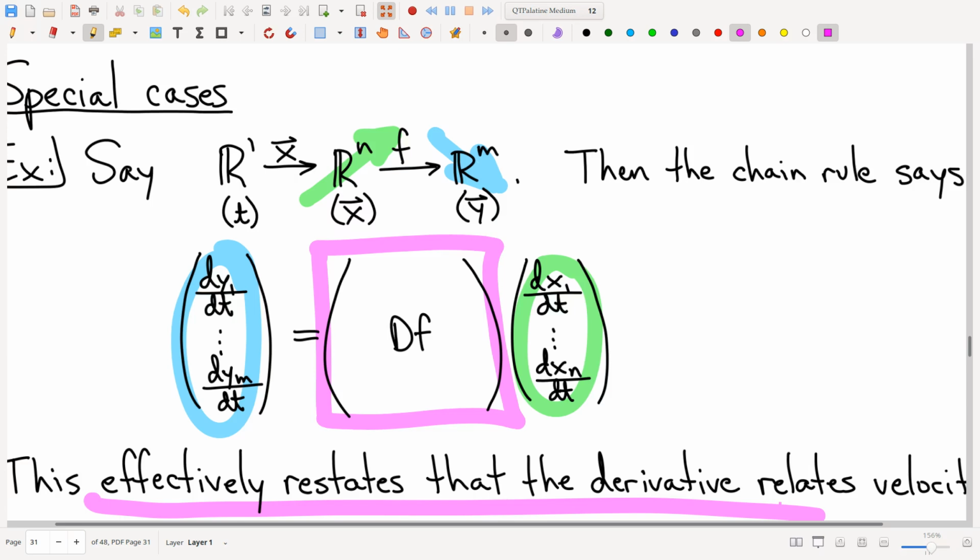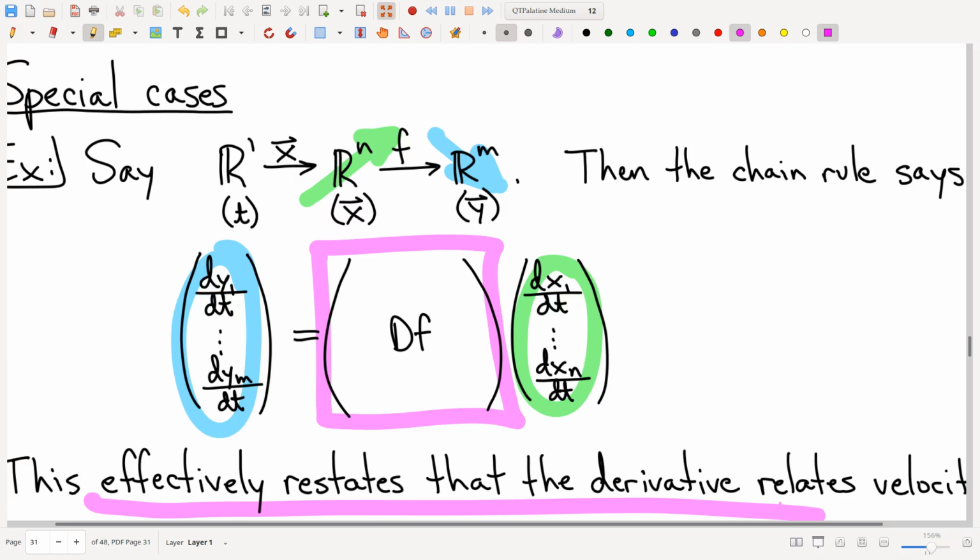Yes? What exactly is df? df is the derivative matrix. It's the matrix of all the partial derivatives. It's the thing that makes the linear approximation formula work. It's the thing that, as we established in 2.3, multiplies by input velocities to give output velocities.